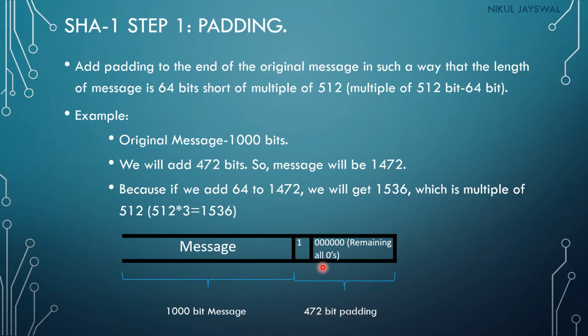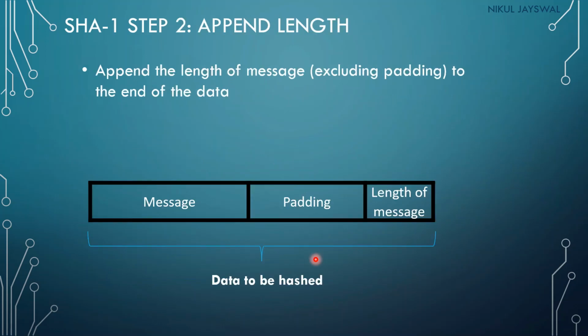How will the padding be done? The first bit will be 1 and the rest of the bits will be 0. So in the 472 bit padding, the first bit will be 1 and the remaining 471 bits will be 0. Clear? Now the second step is append the length. So this is our message, this is our padding. This is the 1000 bit message, this is the 472 bit padding, and the last 64 bits will be used to store the length of the message.